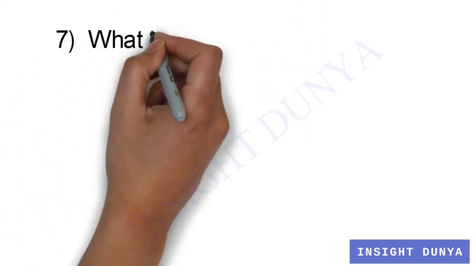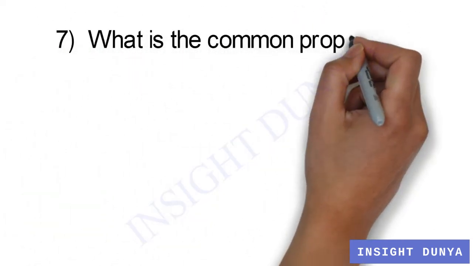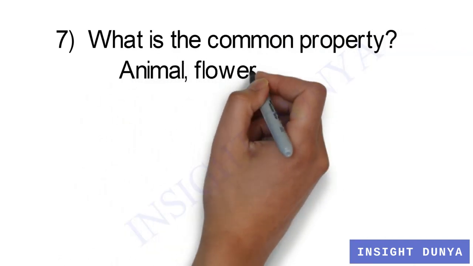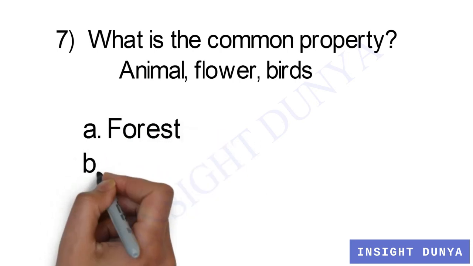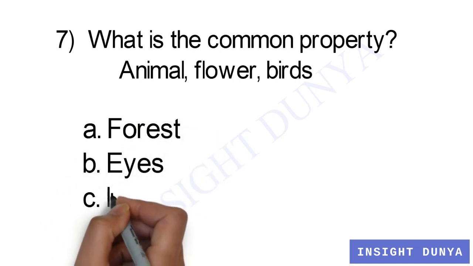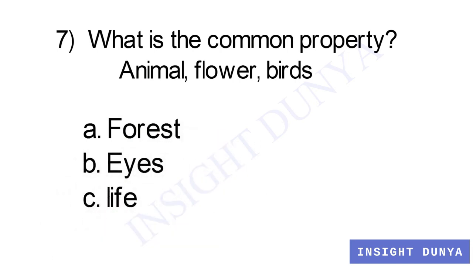Question number 7. What is the common property? Animal, flower, birds, and the options are forest, eyes, and life. In this question, you need to find the common property among animals, flowers, and birds.